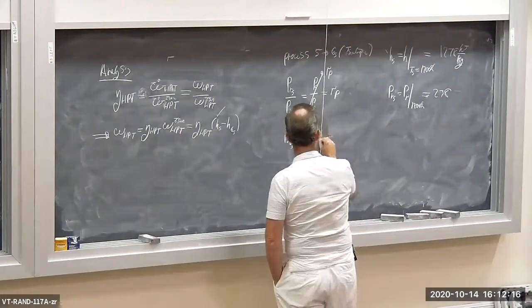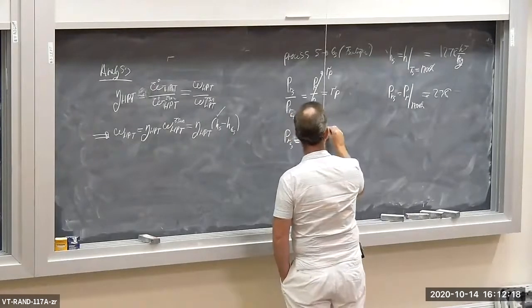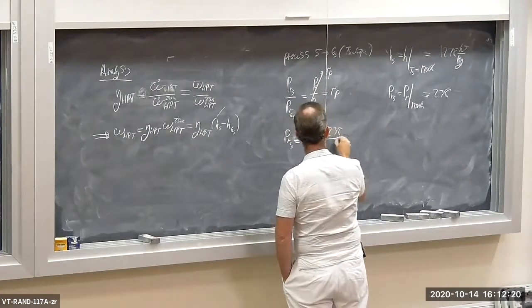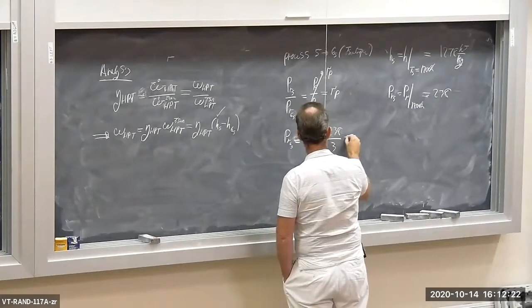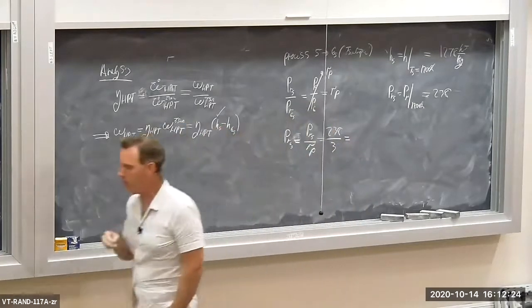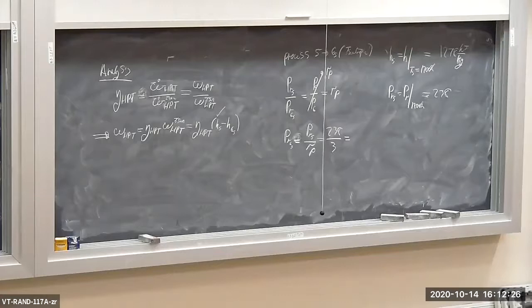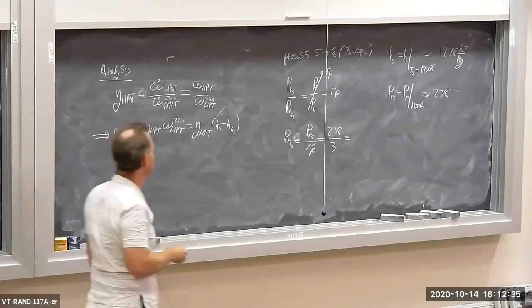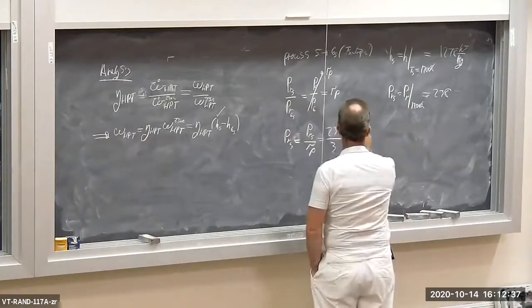So we have PR5, 238, divided by the pressure ratio, which is 3, and I end up with PR6 sub s, the reduced pressure at 6s, of 79.